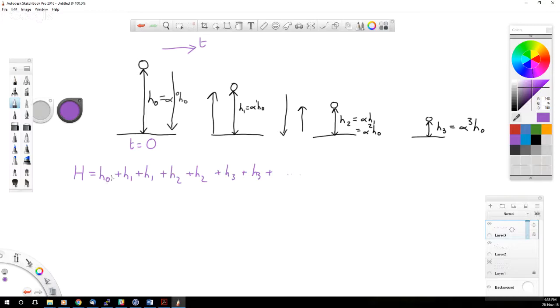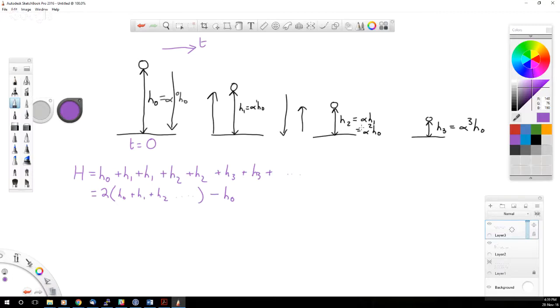But we've also only got 1H0. So what we can do is rewrite this as 2 times H0 plus H1 plus H2 all the way to infinity, and another minus H0 at the end. So we've got our 2H0 that we started with here, minus H0 gives us this H0.